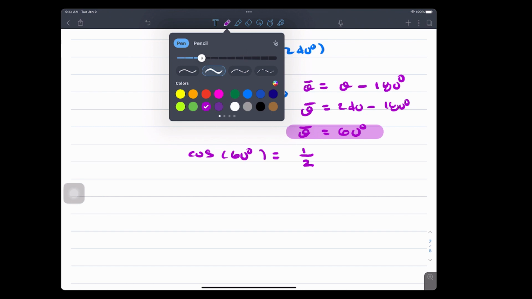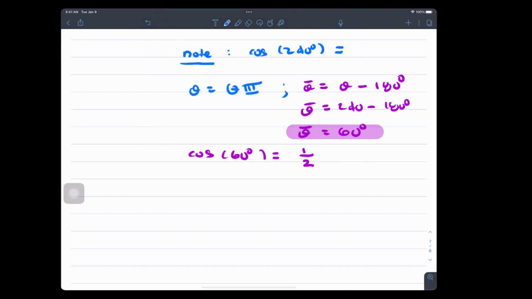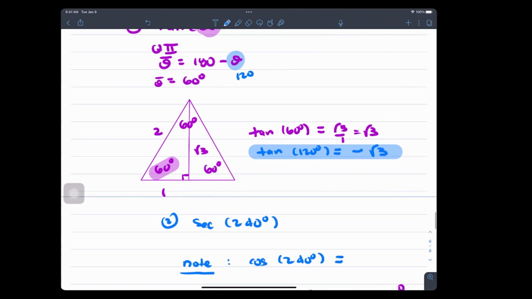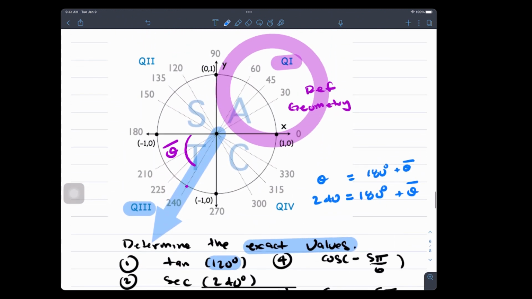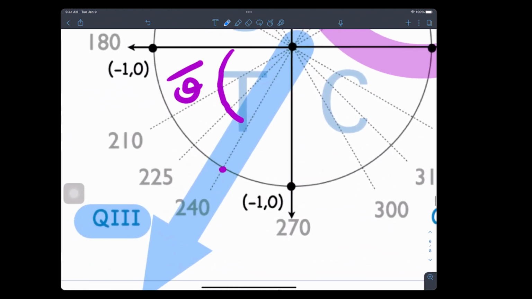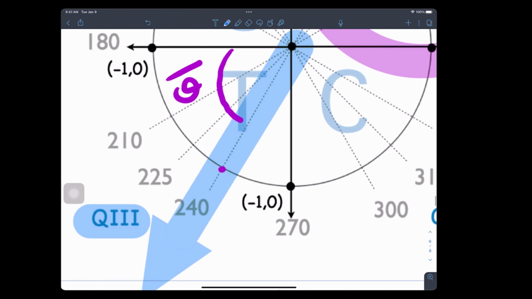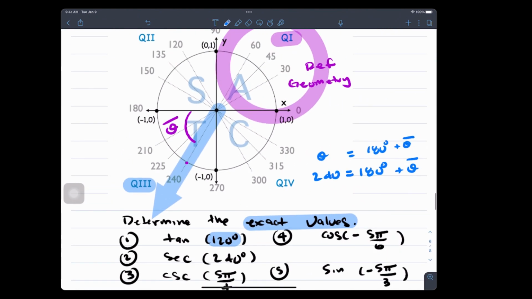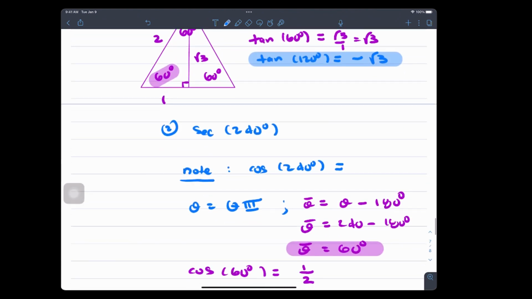So you might say, okay, Mr. Judge, I understand that, but what happens next? We got to remember all students take calculus. What does that T stand for in quadrant 3? Tangent is positive, which means cosine is negative.